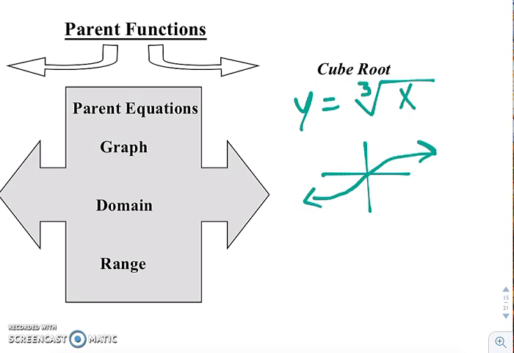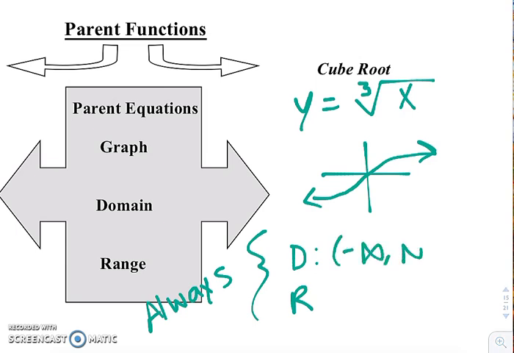Now for the domain and range for these, because there's no stopping point, like there's arrows on both ends of this function, your domain and range for these is always going to be negative to positive infinity. So as soon as you see a cube root function, you can just automatically, for the domain and range, put negative to positive infinity.